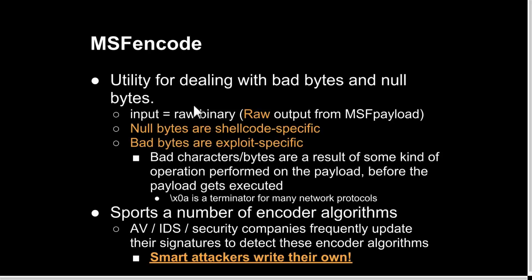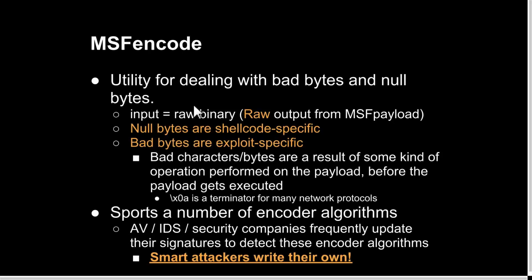So \x0A, I think, is, I can't remember off the top of my head. I think it's newline or something. That's right? Yeah. So that would basically cause the payload to get truncated right there. And so you lose the rest of your exploit code past that.